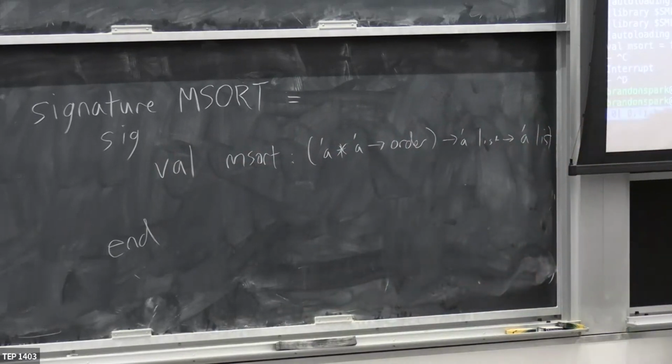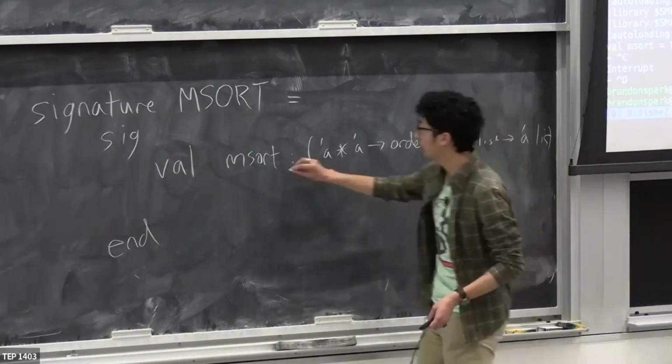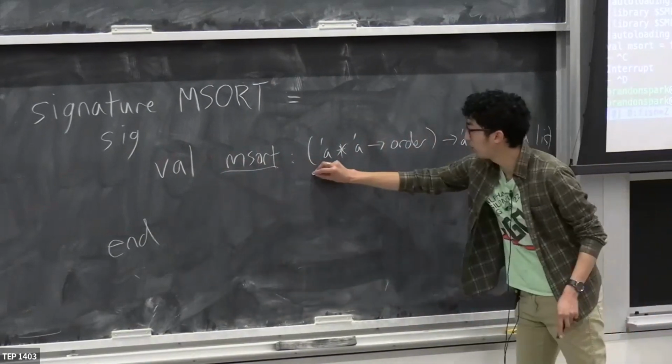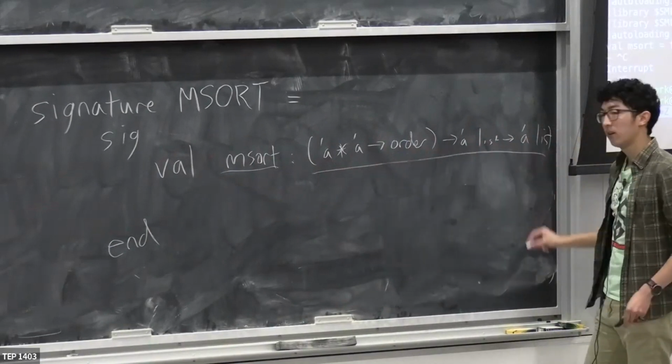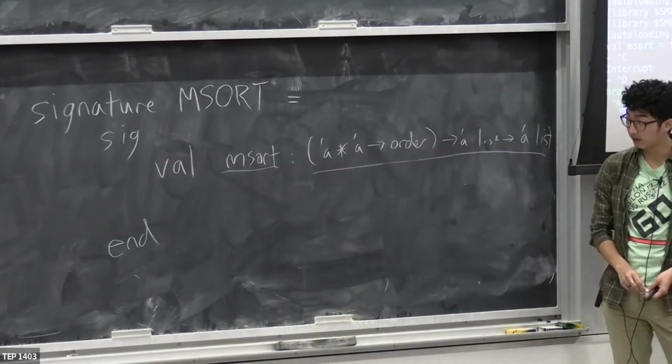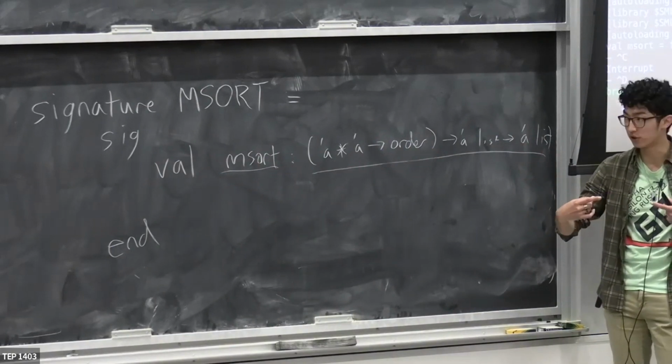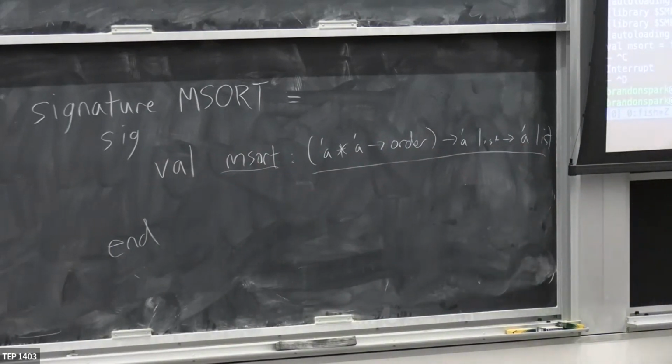This is a specification because all I'm writing is the name of the identifier that I want to appear, the thing I want to be in the file or in the module, and the type I want it to have. This is going to be checked by the compiler when we eventually try to mix and match my structure with my signature. But this is the idea of a signature.